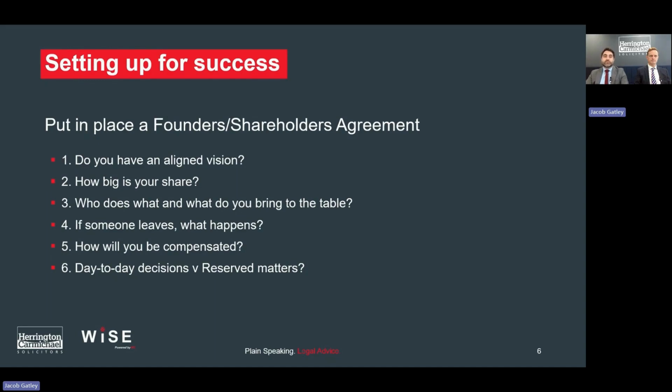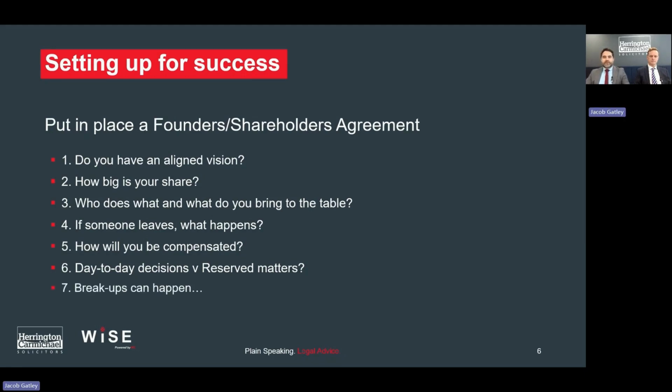A good example is when you're selling the company itself, or selling a particular asset, or maybe taking out a substantive loan for the company. It's really useful to think what decisions you want carved out for the reserve matters and the ones where you can leave the CEO to run the business on a day-to-day basis.